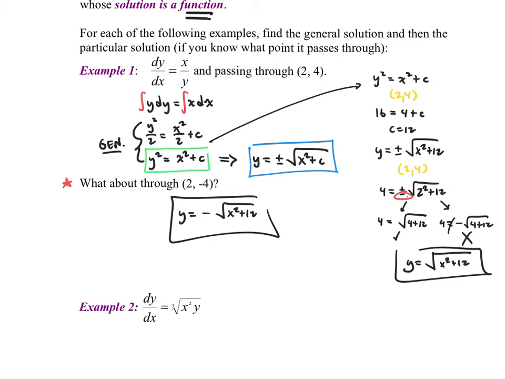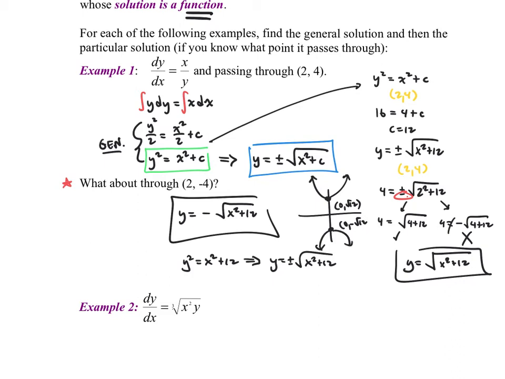Now what I want you to see visually is this. The graph of y squared is equal to x squared plus 12, which is equivalent to y equals plus or minus the square root of x squared plus 12, actually looks like this. If x equals 0, y equals plus or minus the square root of 12. So that'd be (0, root 12), and this would be (0, negative root 12). Then the graph takes off in a parabolic sense in opposite directions.